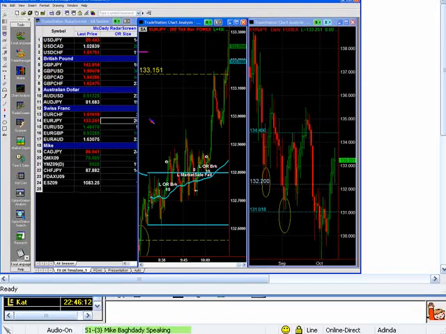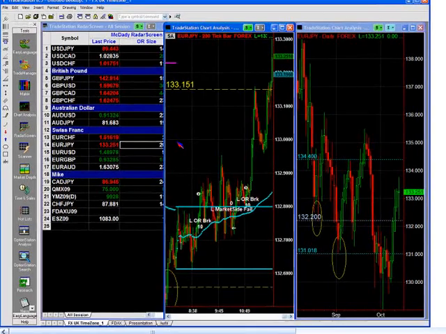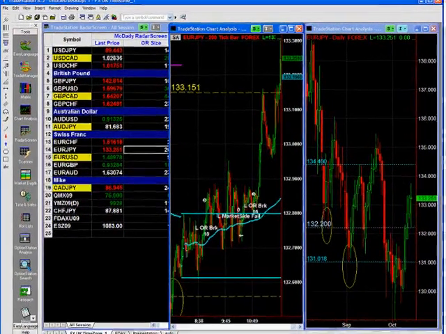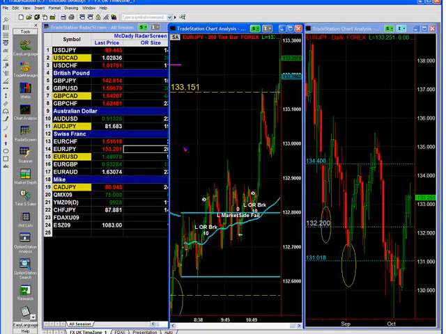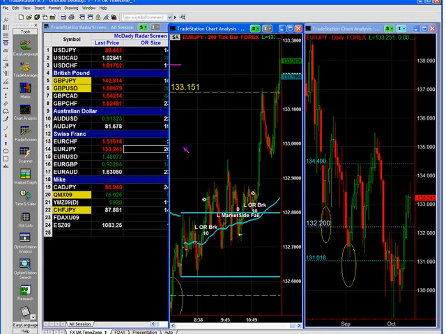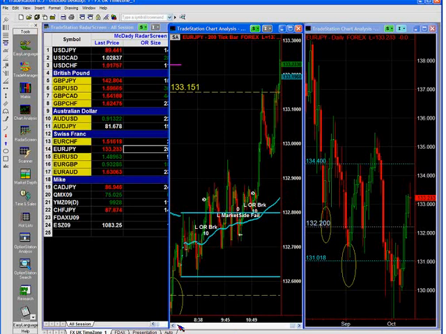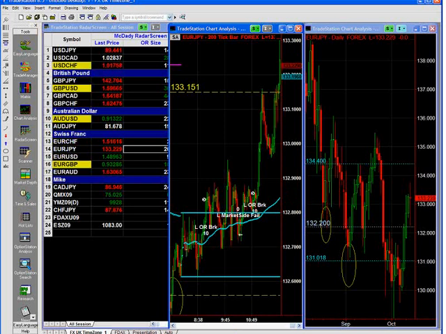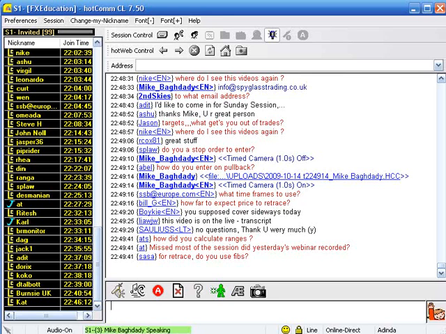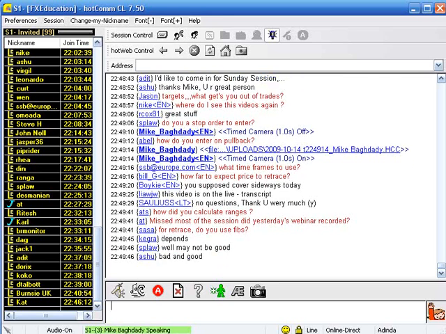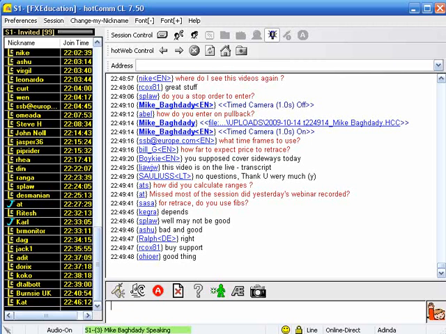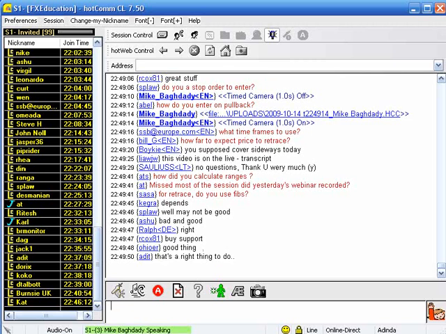Some people would say, I want to buy support and I want to sell resistance. Is this a good thing or a bad thing? Is this right or wrong? Don't be scared. It's a trick question. We calculate the ranges.